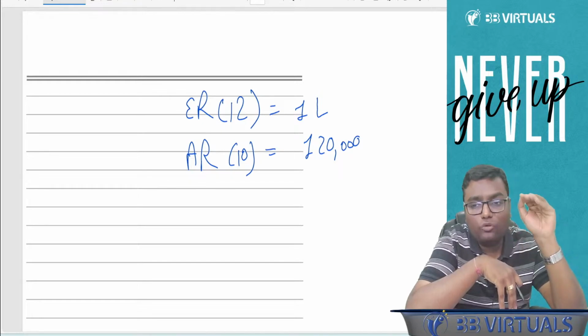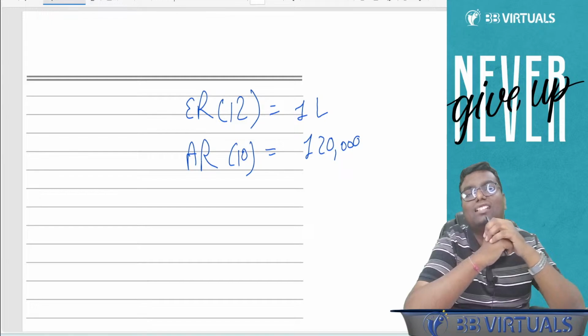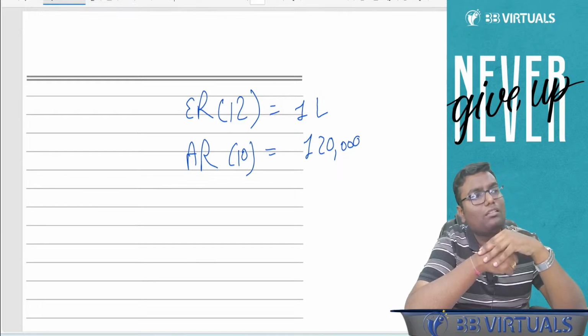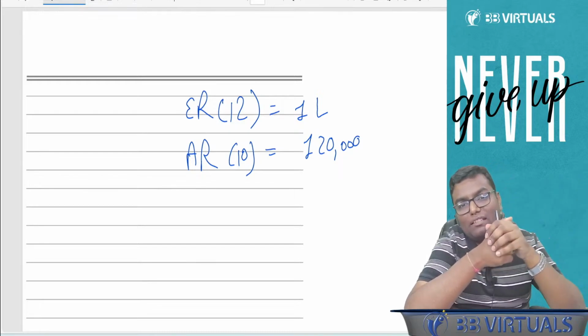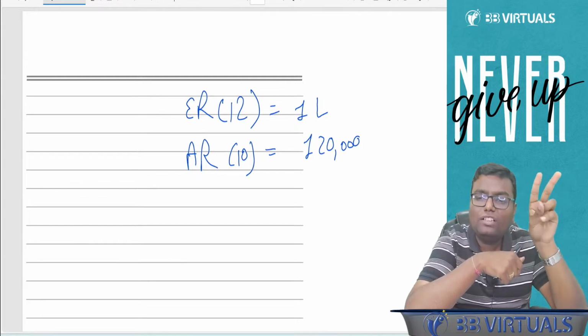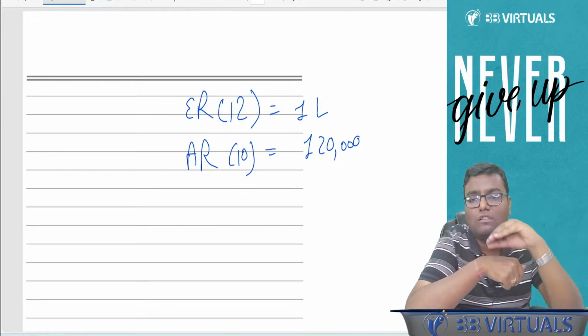I had given it for the full 12 months, but the tenant vacated the premises after 10 months. He said, now I'm getting some more property at a lesser rent. So I said, okay, bye. So after 10 months, he vacated the premises. Now I found another tenant, but ultimately I failed to find one, and for the balance 2 months, February and March, my property was vacant. It was not in use at all.